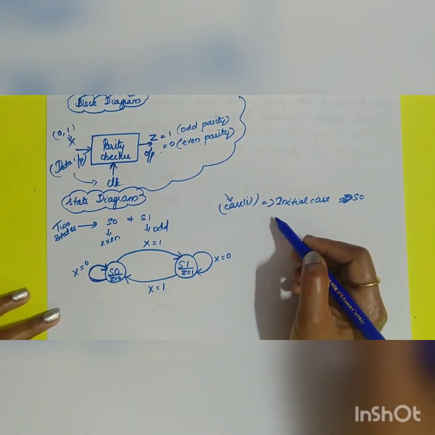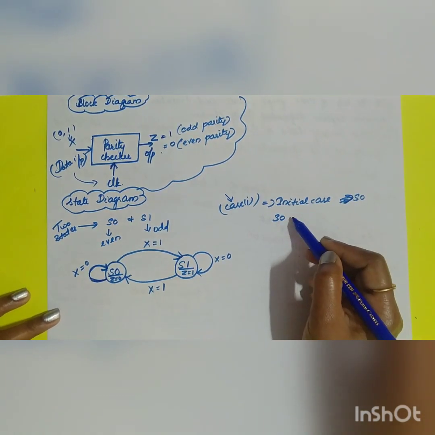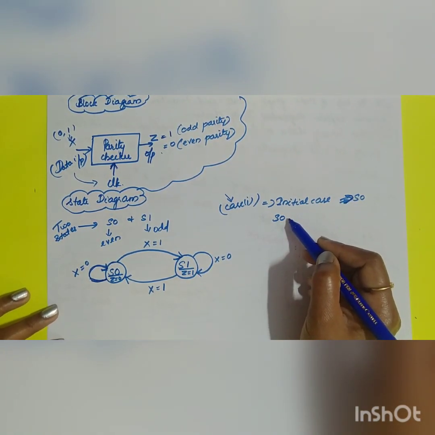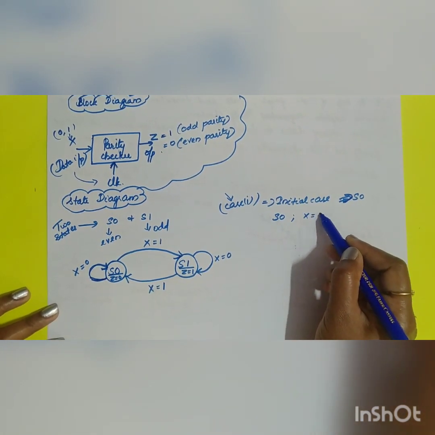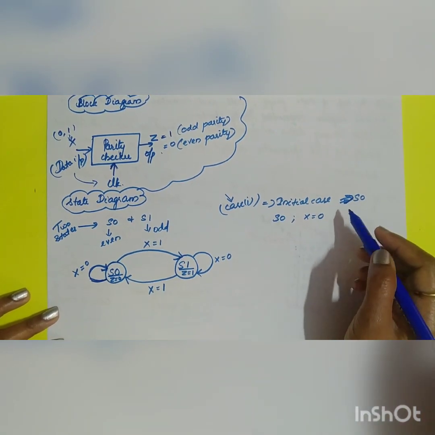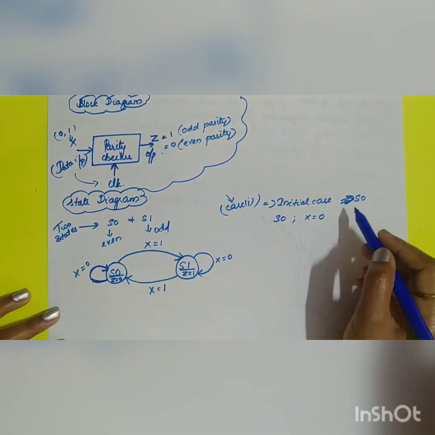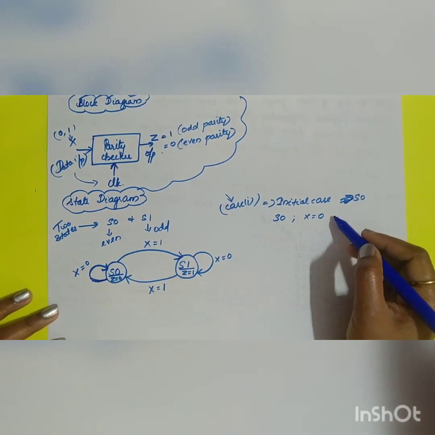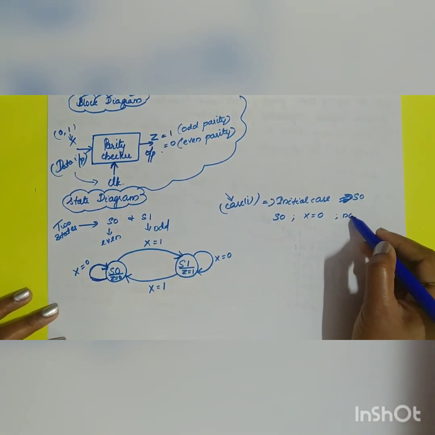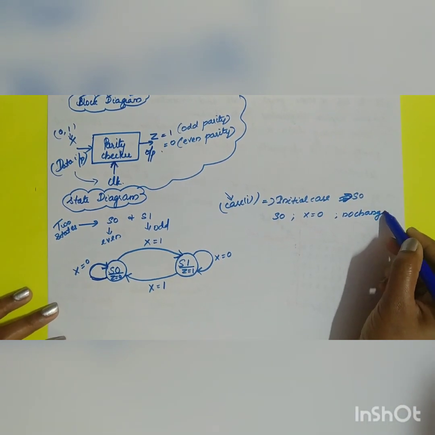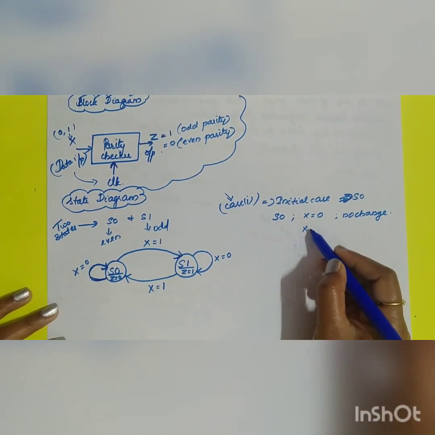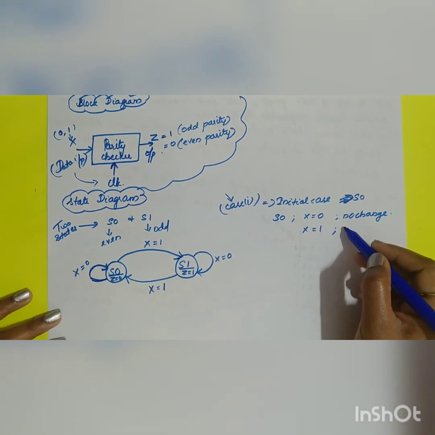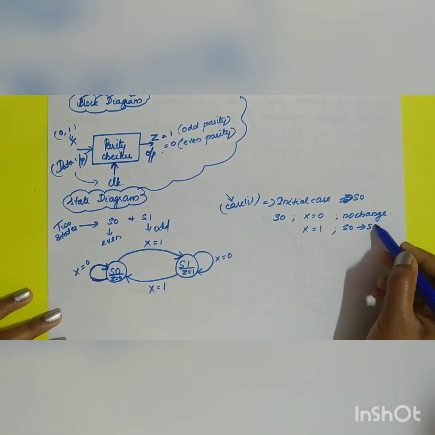Now let me take the two conditions. The circuit is in the state S0, and you send an input x equal to 0. Then what will happen during the clock? When x is equal to 0, there will be no change. It remains in the state. Now if x is equal to 1, what happens? It changes the state from S0 to S1.